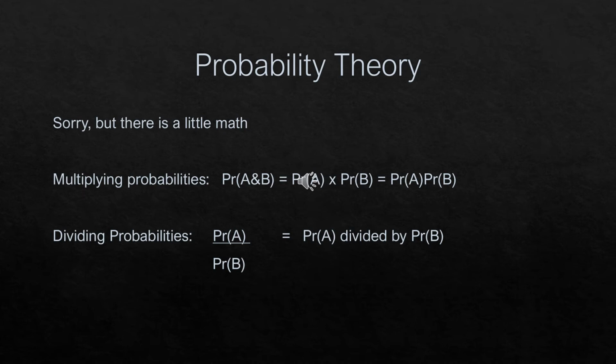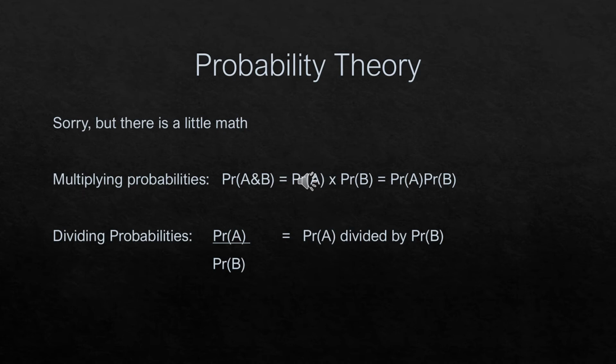So you have to multiply the probabilities, and then you end up with a smaller number. This is a funny thing that happens to people. I'll explain it in a minute. The probability of A times the probability of B means exactly the same thing as putting the probability of A next to the probability of B; it just means you're supposed to multiply those two numbers together.